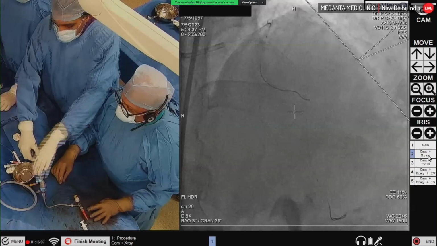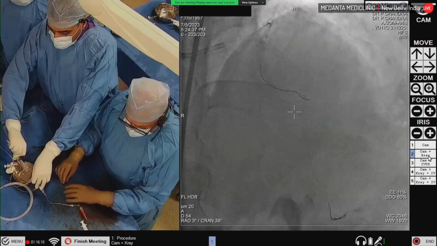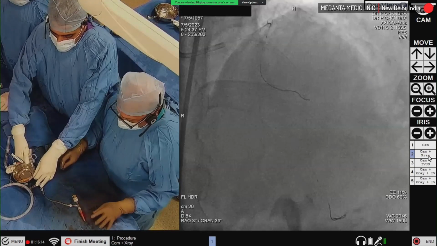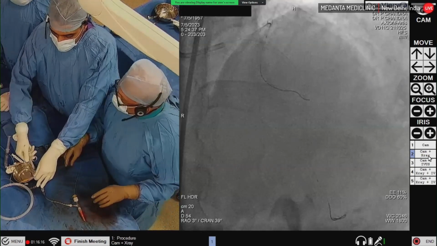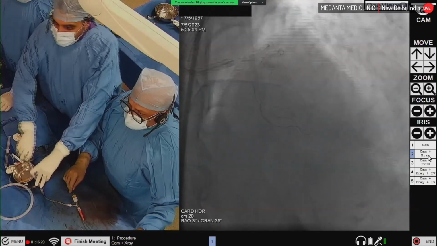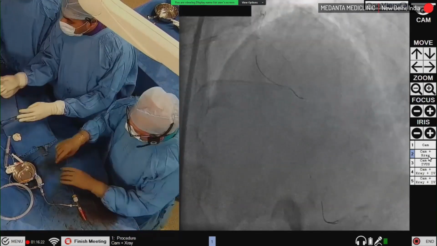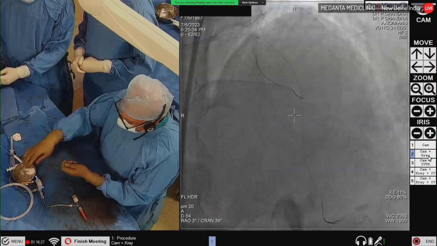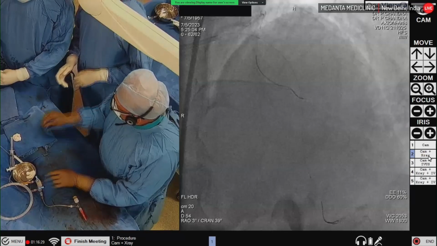OCT, please. So I will do an OCT now to check for the extent and the depth of this dissection, which is better seen on OCT. And then we will take the final decision regarding the LAD, whether we need to do a bailout stenting for the LAD or not.